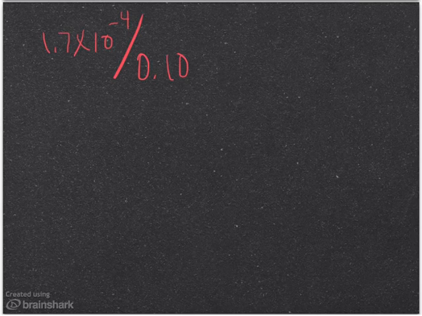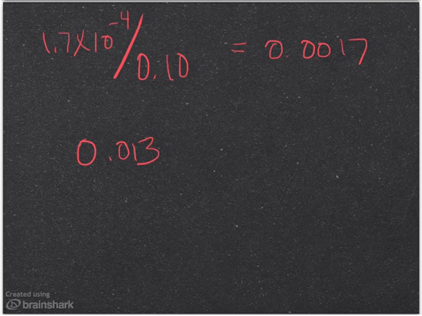If you do that out, we end up with a degree of ionization of 0.0017, and if we compare that with what we were originally given, which was 0.013, you notice that it's considerably smaller. So as I was saying before, whenever you add another ion to your ionization equilibrium, the degree of ionization is going to go down, and as you can see here, it did.